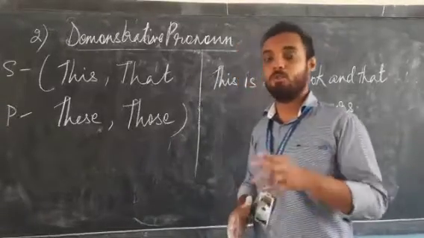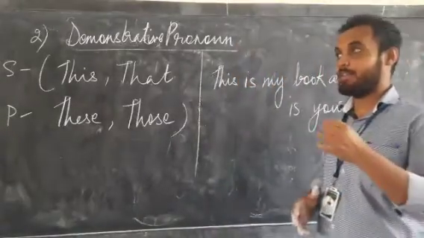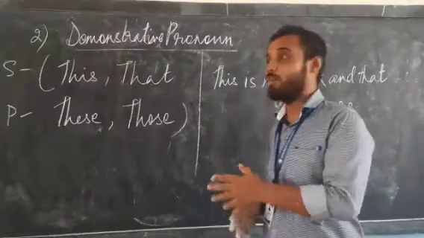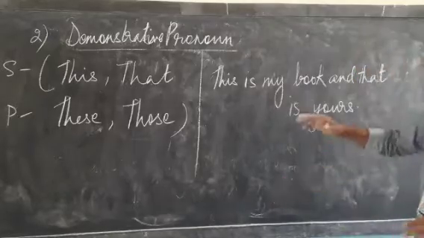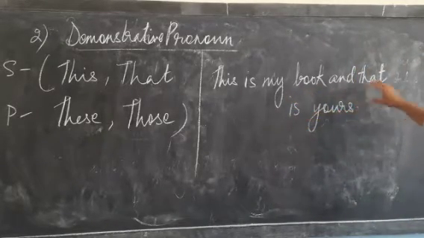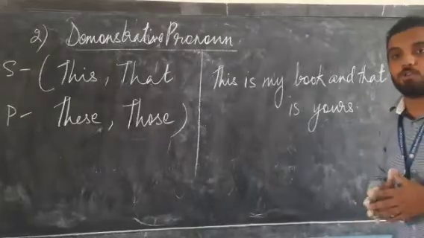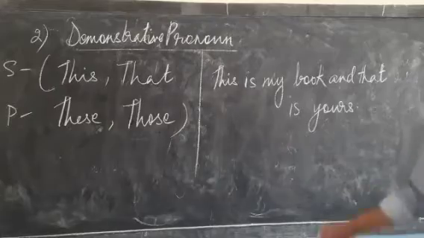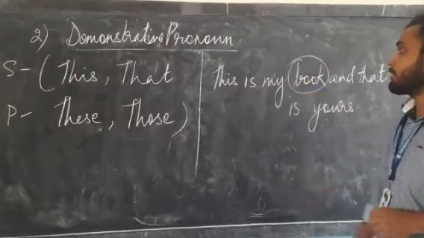Now coming back to the definition part, I said that demonstrative pronouns point out a noun to which they refer. Now see the example that I have written over here. This is my book and that is yours. Now in this statement we have a noun that is book.